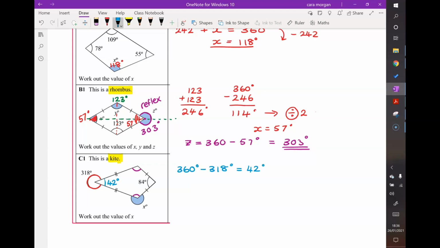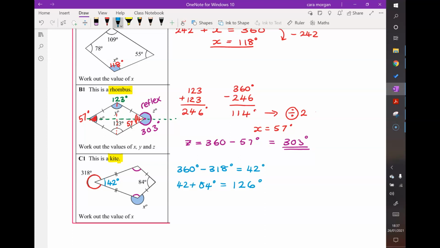Now, I've got two angles in my kite. I've got 42 and I've got 84 degrees. If I add those together, I get 126 degrees. For some reason my pen is lagging and it's very annoying.